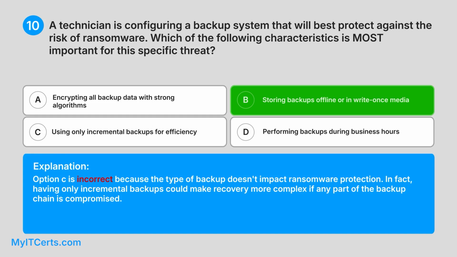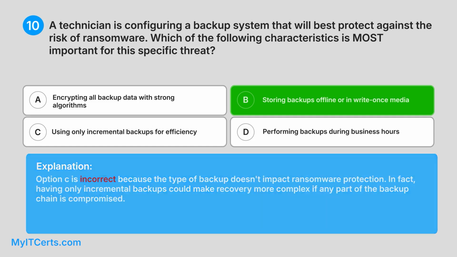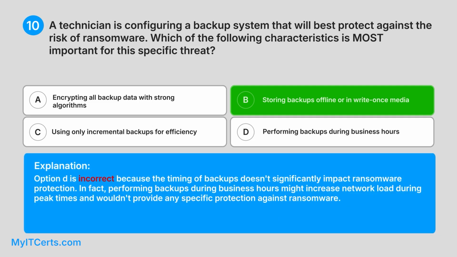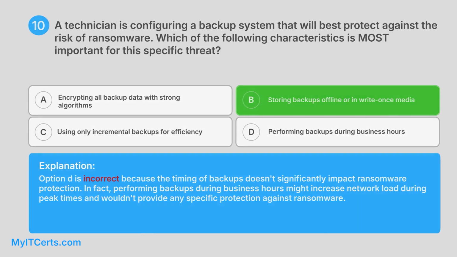In fact, having only incremental backups could make recovery more complex if any part of the backup chain is compromised. Option D is incorrect because the timing of backups doesn't significantly impact ransomware protection. In fact, performing backups during business hours might increase network load during peak times and wouldn't provide any specific protection against ransomware.